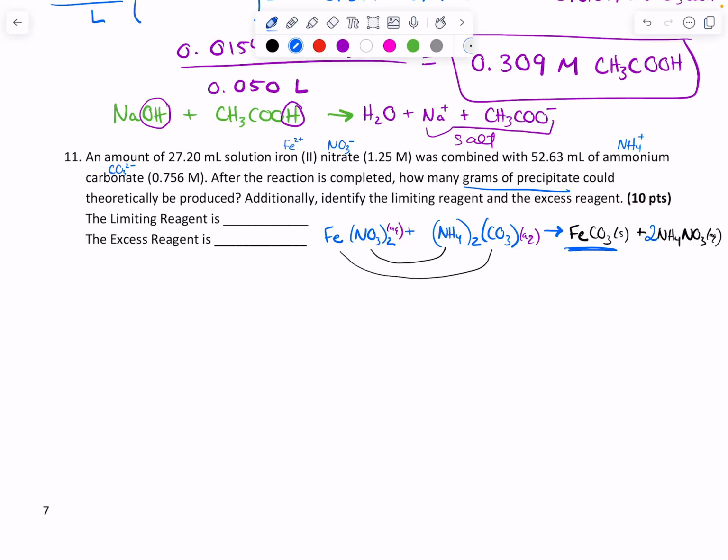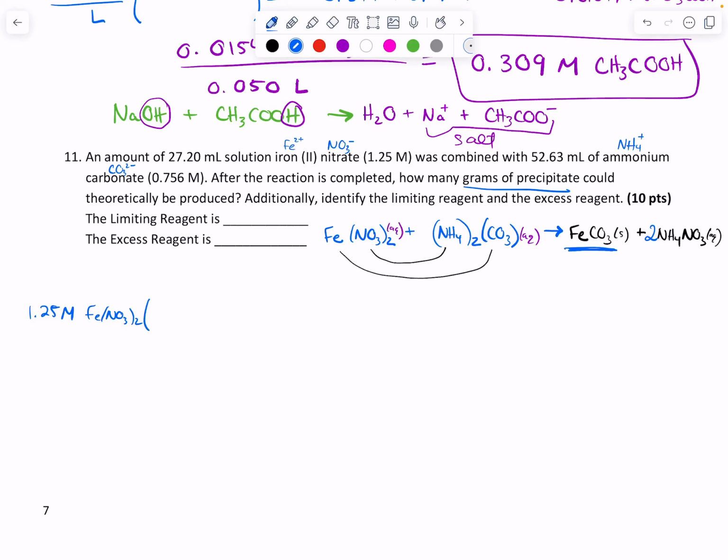So first step, I know I need to convert both into iron carbonate. So I'm going to take both of my reagents and I'm going to react them together and determine how much iron carbonate could be produced by each of them. So to do that, I'm going to start out with nitrate. So I have 1.25 molar of my nitrate.